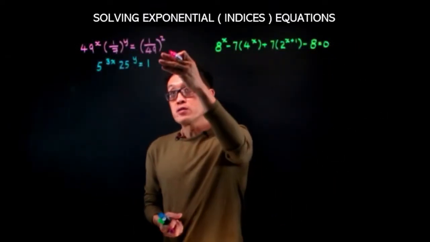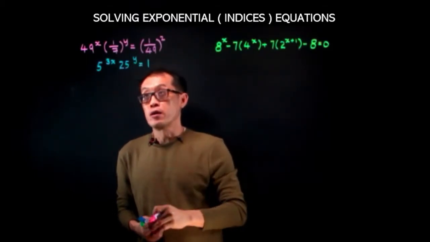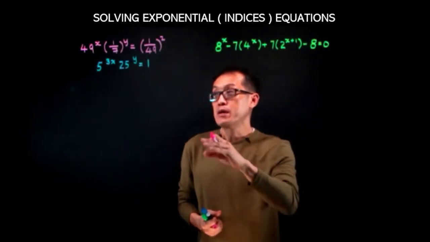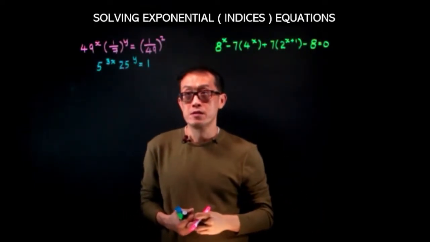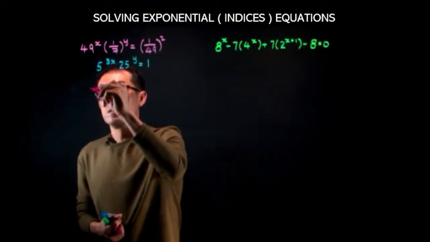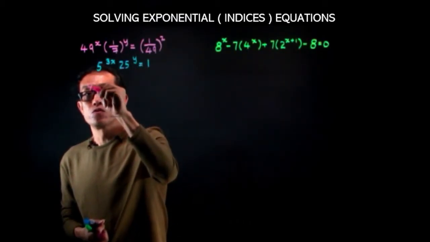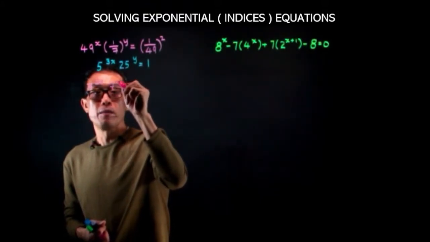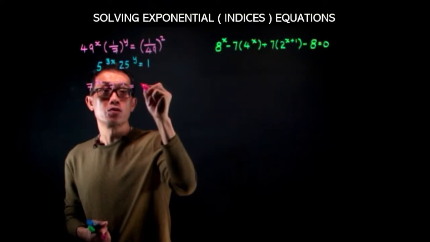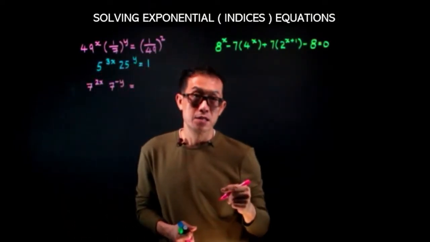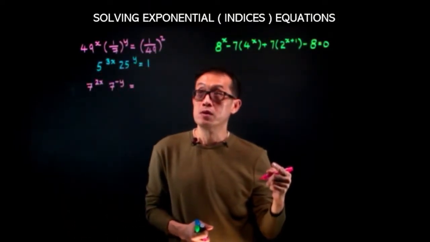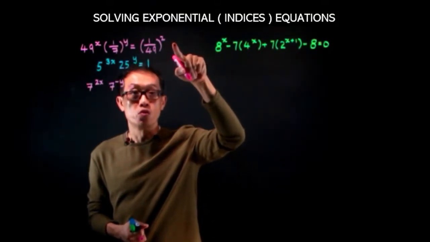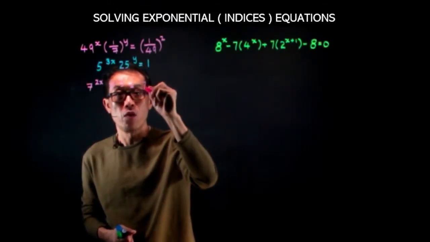Question 4, you are given two equations. Now look at the first equation in pink. All can be written as base 7. So let us do that. So you have 7 to the power of 2x into 7 to the power of minus y equals, now 49 is 7 squared, so this is 1 over 49, so 7 to the power minus 2, then you have this 2 here, so it's 7 to the power minus 4.